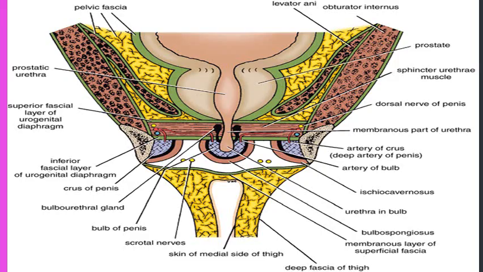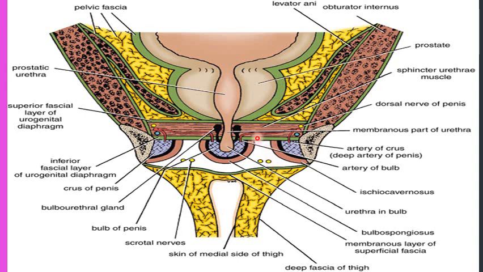So this is the coronal or frontal section of a male perineum. Here is Colles' fascia, the superficial-most fascia just beneath the skin, and here is the perineal membrane.